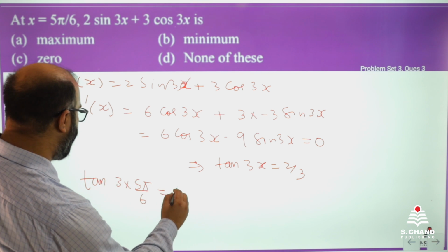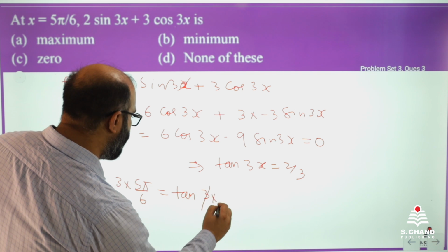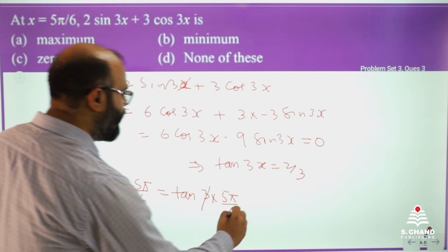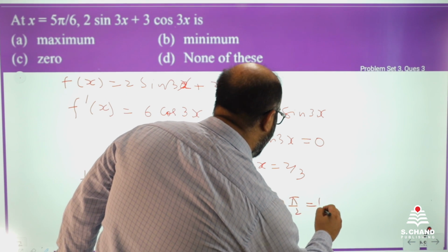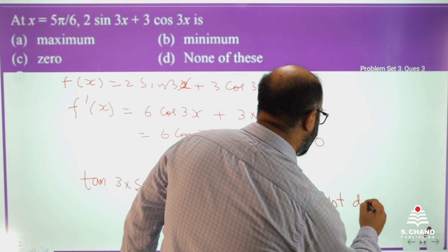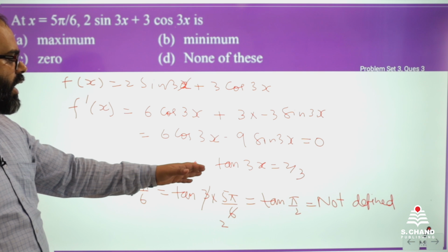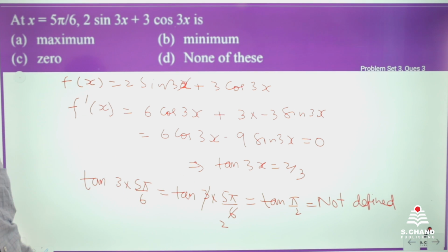The 3 and 6 will cancel, and it will become tan of 5 pi by 2, which is actually tan of pi by 2, which is undefined. So you are not getting it as 2 by 3. It is getting not defined. So clearly tan 3x is not 2 by 3 at x is equal to 5 pi by 6. So f dash x is not 0.